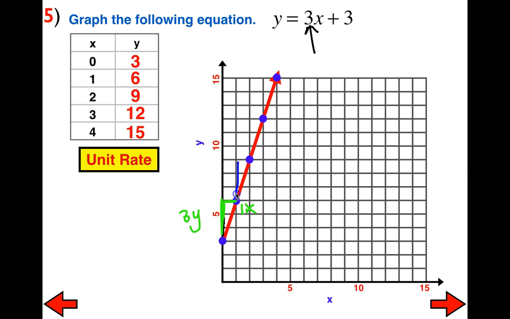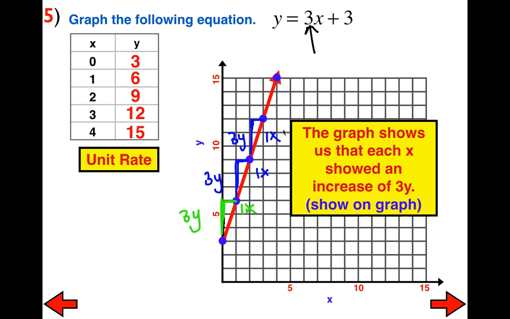Again, for every 3 y's, it's going by 1 x. So you're going 3 y's for each 1 x. In other words, you can say 3 y for each x.